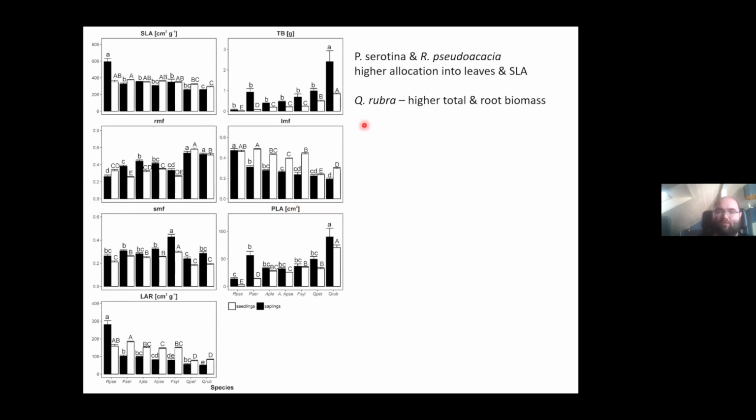We found that Prunus serotina and Robinia had higher allocation into leaves and higher specific leaf area than native species, while red oak had higher total biomass and higher biomass allocation to the root than native species.